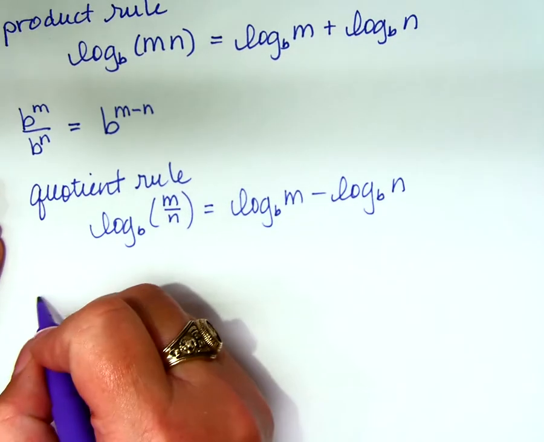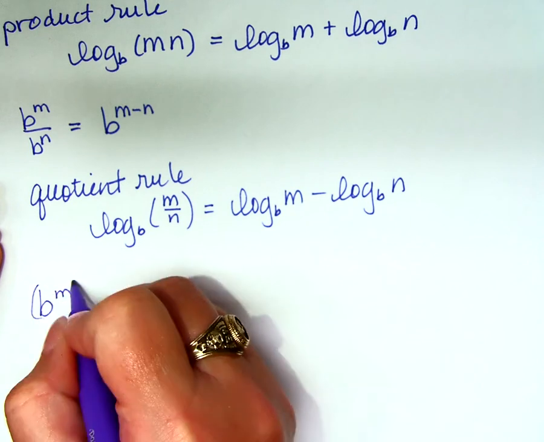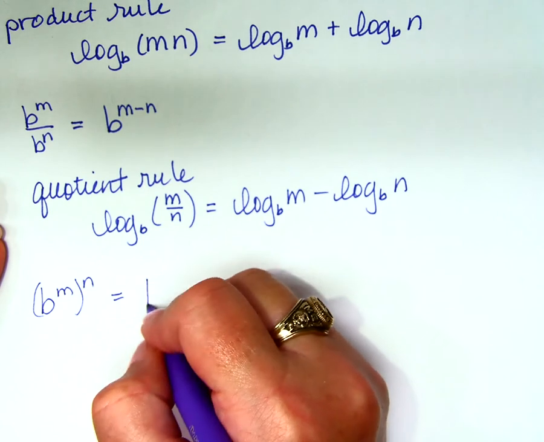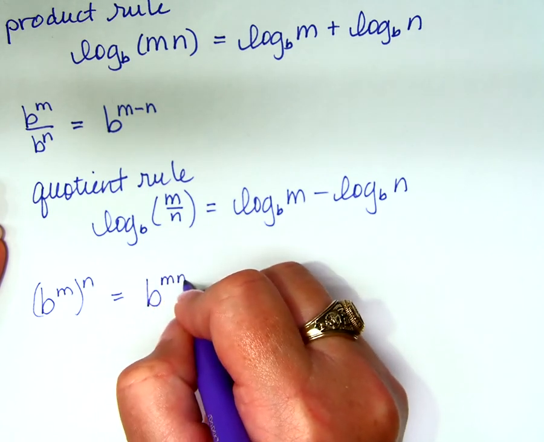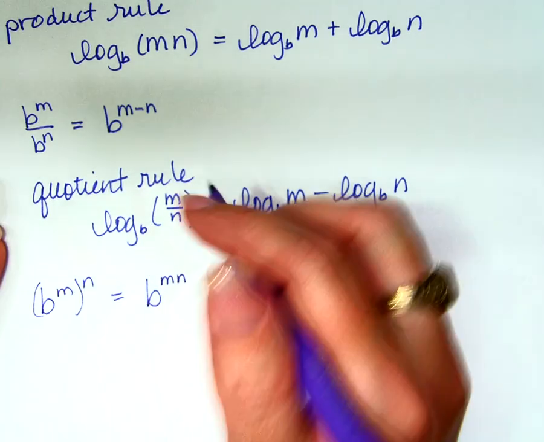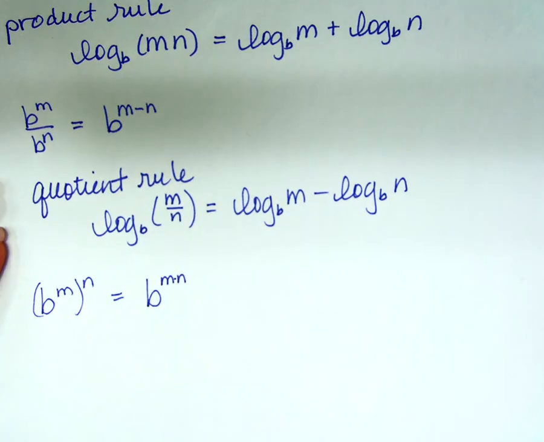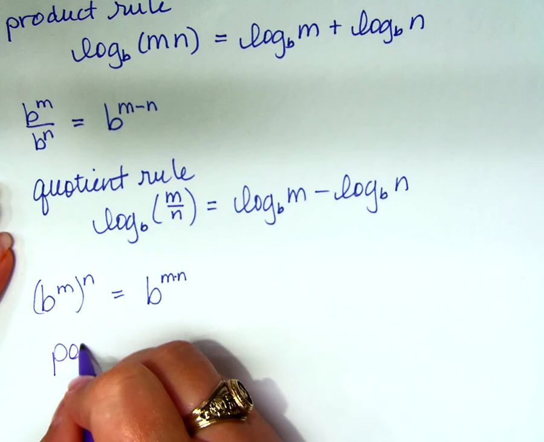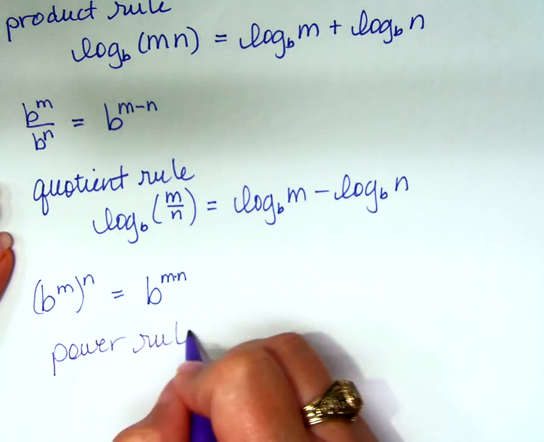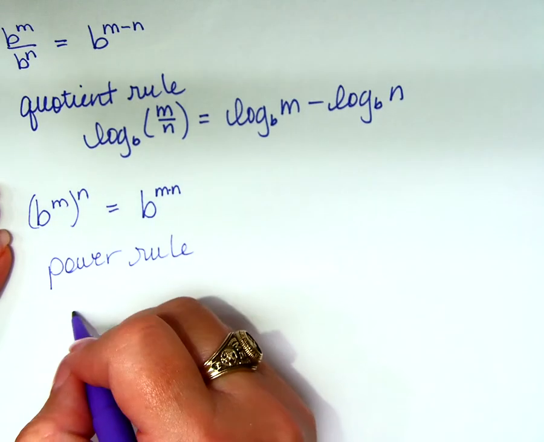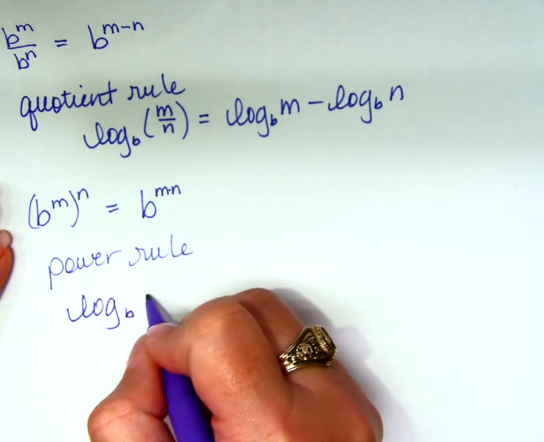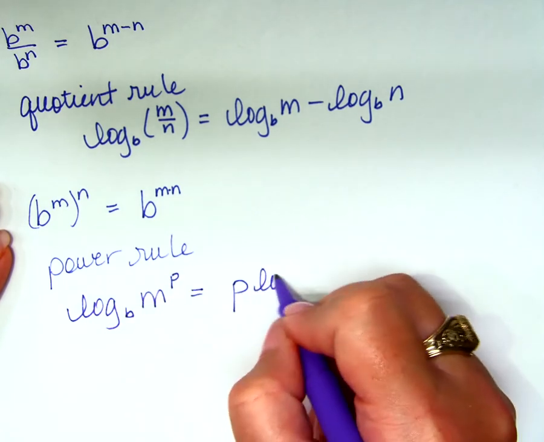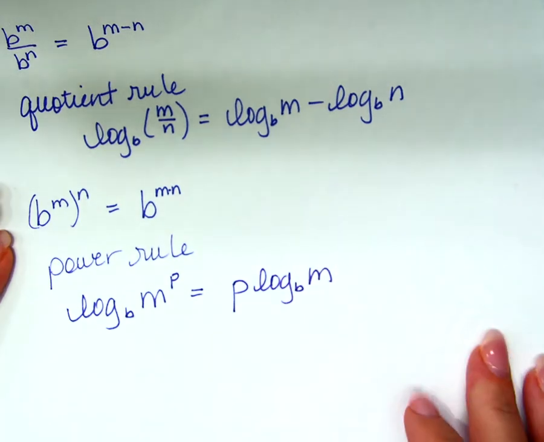Okay, and the last one is the power rule. The exponent rule that you know is b to the m raised to the n power. When we're raising a power to a power, what do we do with those numbers? Multiply, right? I'll even put a dot in there to help you remember that means multiply, if you can even see that dot. Power rule for logarithms: log base b of m to the p power is p log base b of m.